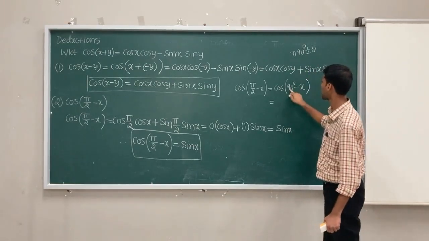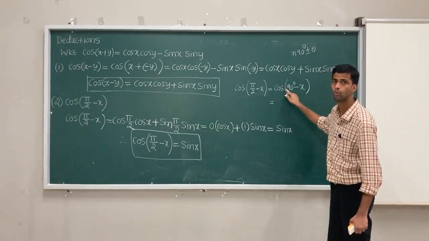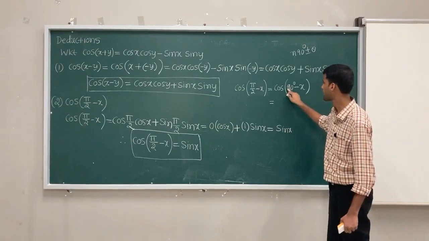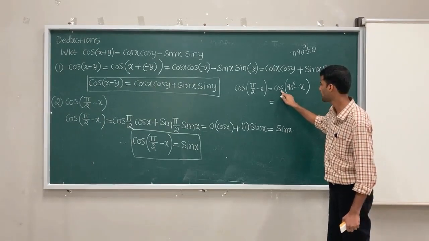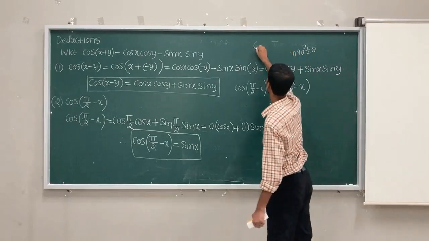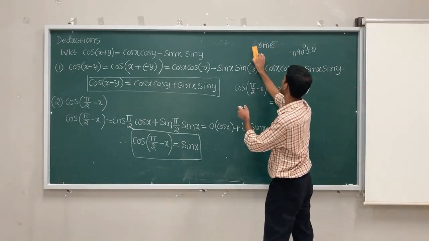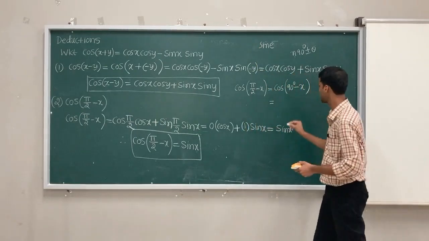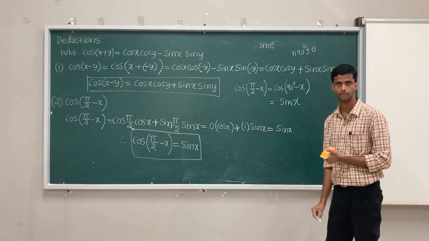This is of the form 90 only, but with that 90, the number 1 is multiplied, and 1 is an odd number. Odd number means function will change to co-function. What is the co-function of cos? Cos is cosine, and if you remove co, it becomes sine. That's sine of this x.